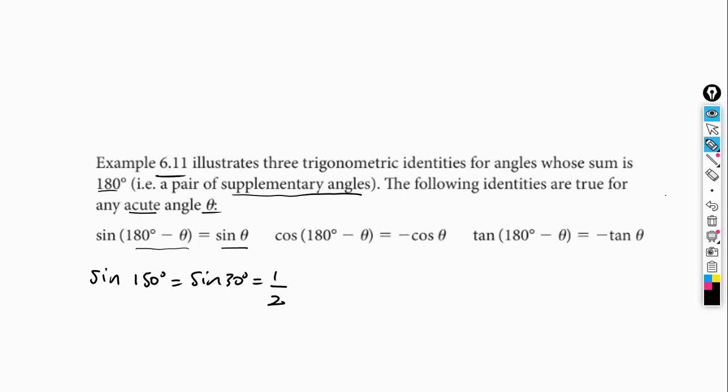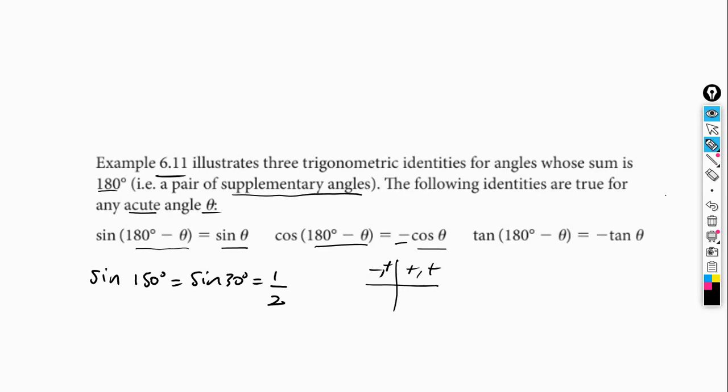In the case of cosine, we have that cosine of 180 degrees minus theta is equal to minus cosine of theta. And that is very simple to explain, because if you look at the Cartesian plane, we know that here the coordinates for cosine are going to be positive, whereas in the second quadrant they are negative. And for the y coordinates, or sine, we know that here it's positive and here it is also positive.